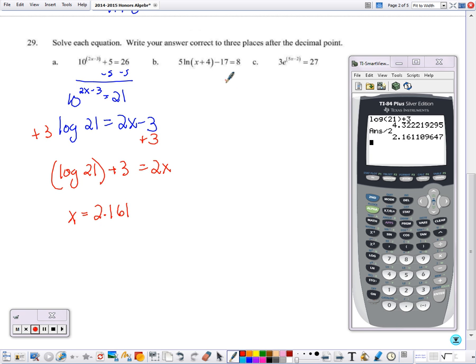And now for B, we're going to add 17. Oops. So we have 5 ln of x plus 4 equals 25. We have to divide by the coefficient.